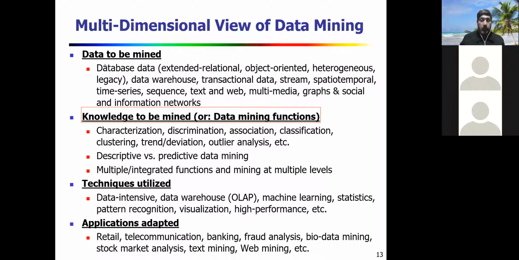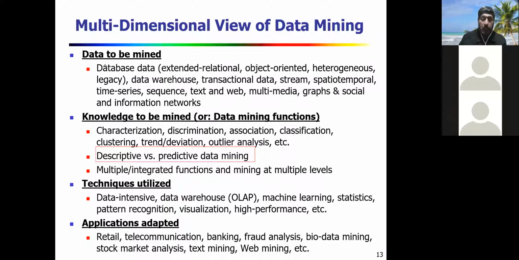So another way of characterizing data mining is based on the knowledge that is being mined or the specific task that is used to mine data. And we'll talk about tasks briefly in a couple of slides. So these are all tasks in data mining: characterization, summarization, classification, clustering, outlier analysis, as well as temporal analysis and so on.